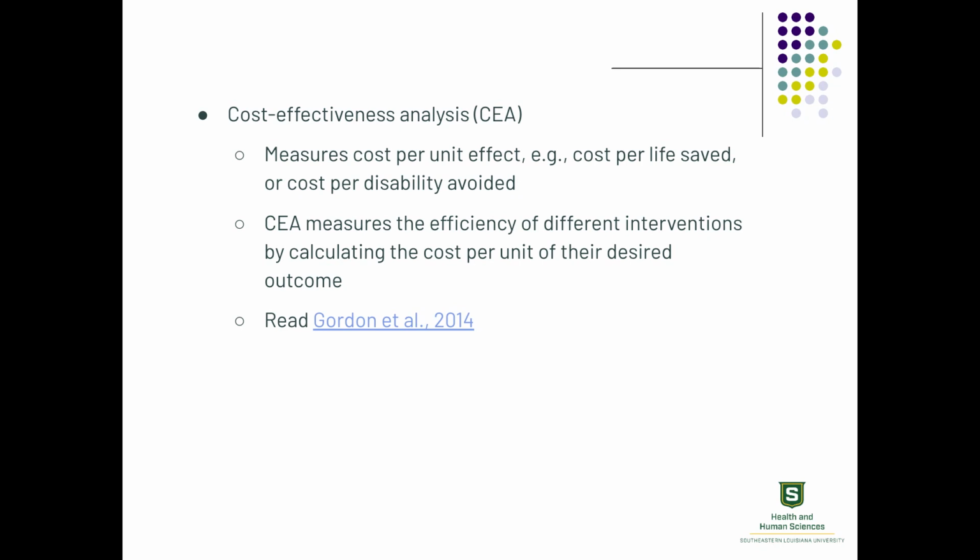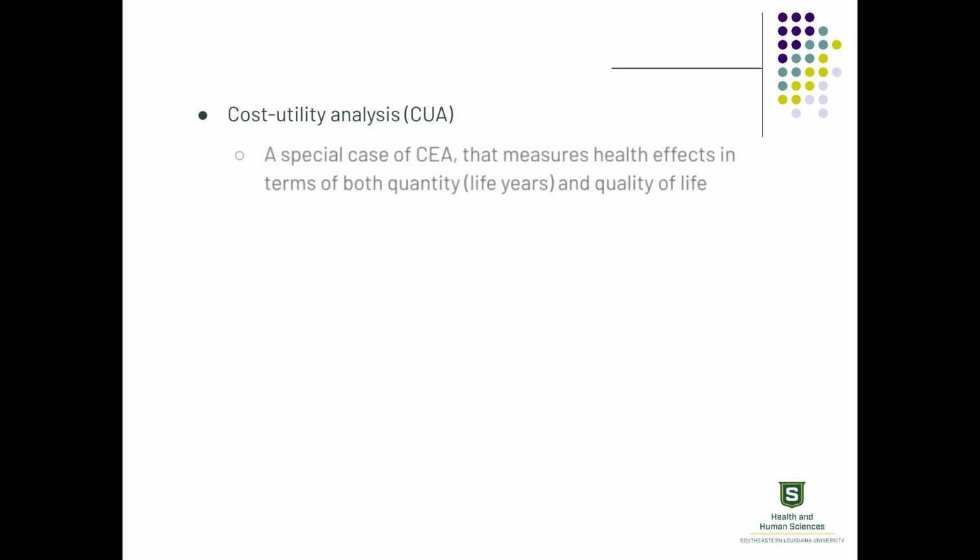And finally, we have the cost utility analysis. The cost utility analysis is an offshoot of the cost effectiveness analysis, but it focuses on measuring quality of life as the unit of measurement. That's the difference between general cost effectiveness and utility analysis.